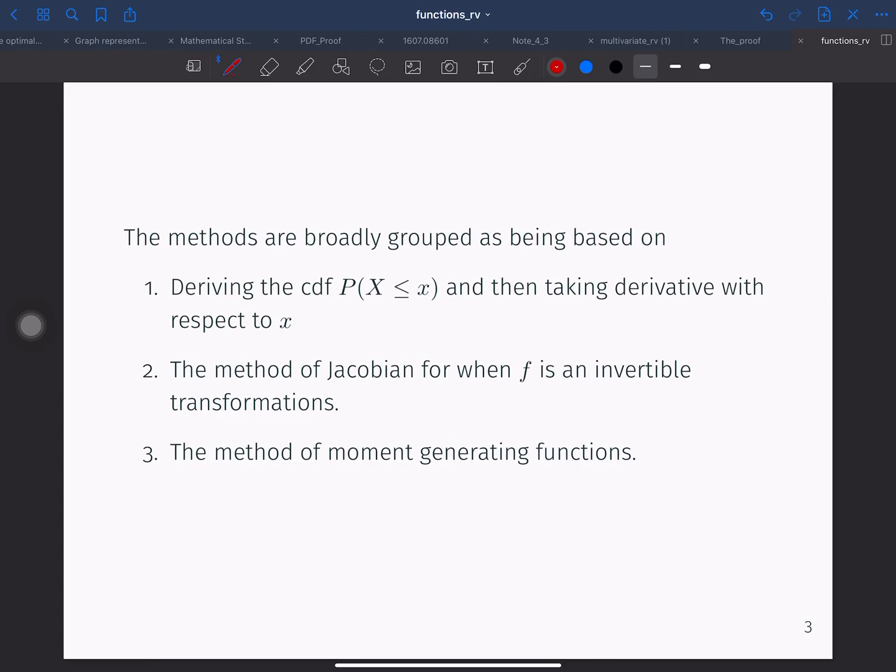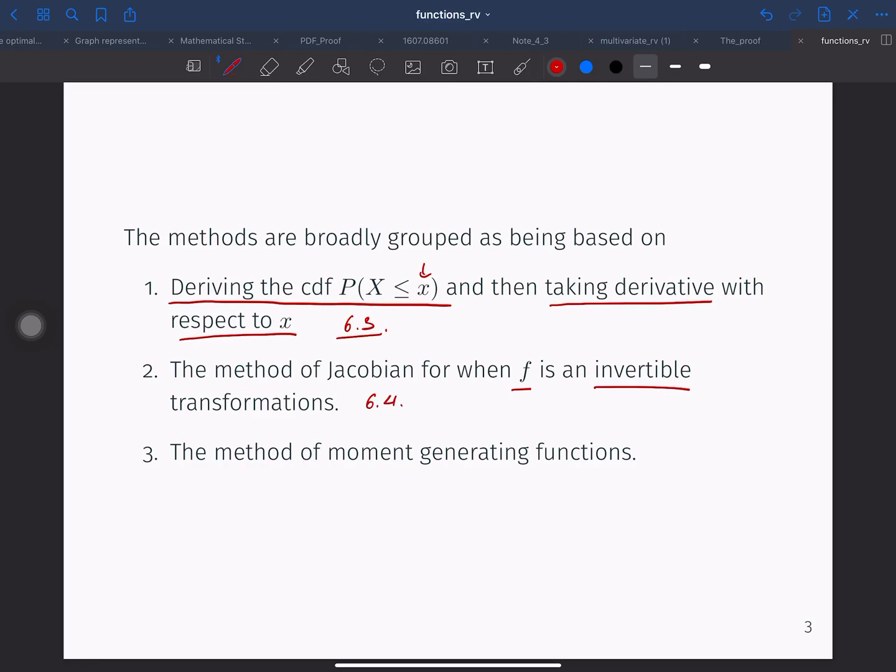The methods are broadly grouped into maybe 3 different techniques. First, the technique for deriving the cumulative distribution function, the probability that capital X is less than number x, and then taking the derivative to get the PDF. This is section 6.3 of the textbook. The method of Jacobian, in the case when f is an invertible transformation, possibly bivariate, is the technique in 6.4.